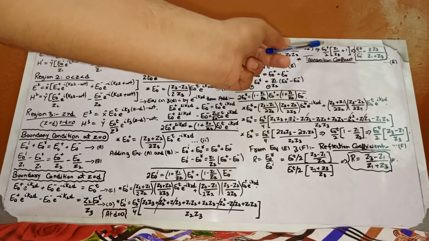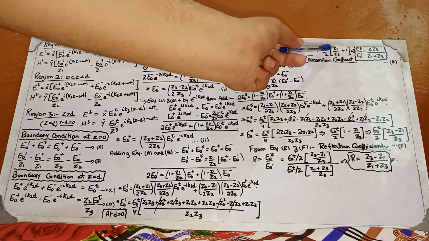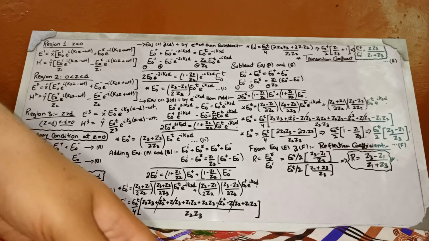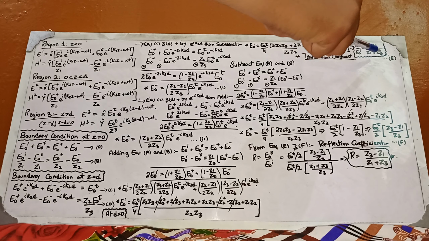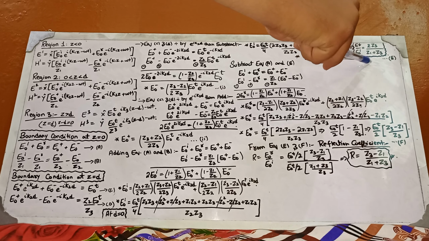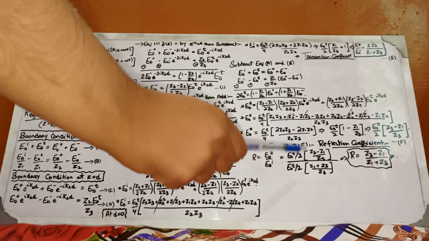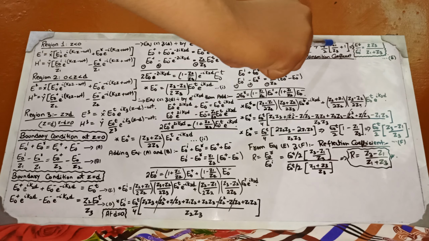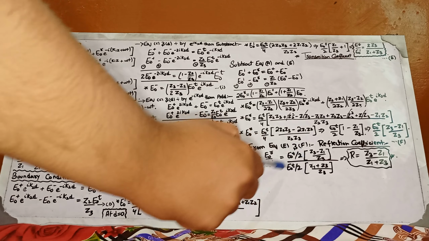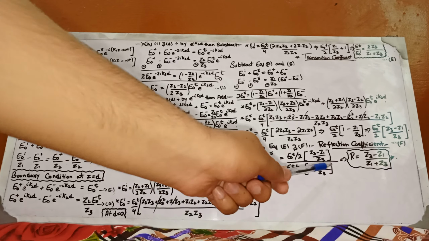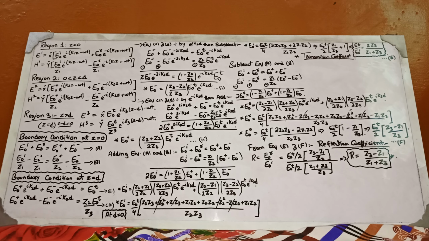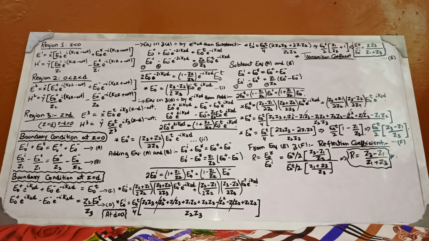Okay, E naught T divided by 2, and taking LCM it becomes Z1 plus Z3 divided by Z3. Not this one, this is your transmission coefficient result. I am only talking about the result of E naught I because we need E naught I here. So the E naught I result is here. This cancels with this, and in the denominator Z3 cancels with Z3. You will only be left with your reflection coefficient, and that is equal to Z3 minus Z1 divided by Z1 plus Z3.